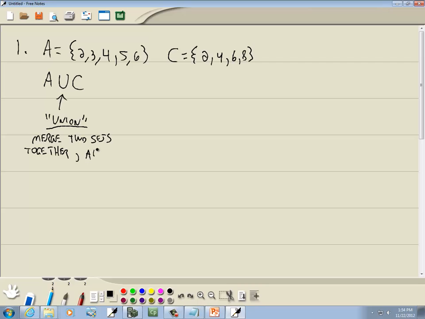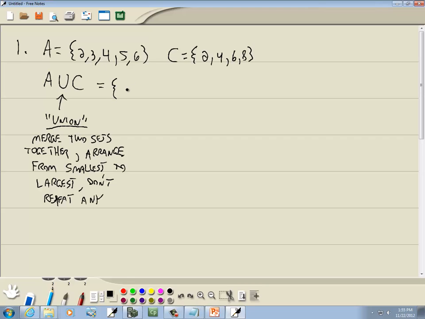Arrange from smallest to largest. And don't repeat any. So no duplicates. So don't repeat any. Okay.